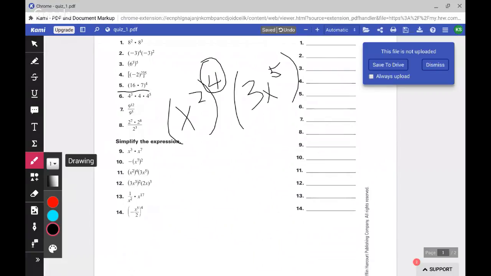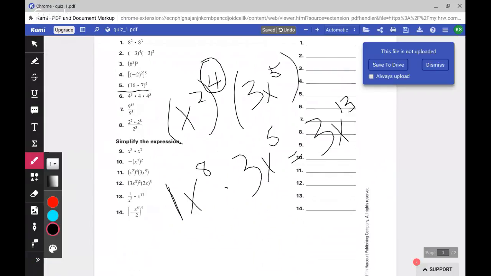So this x to the 5th only applies to the x, not the 3. So this one was x to the 8th times 3x to the 5th, which then gave us 3x to the 13th, because you've got 1 times 3, because there's an understood 1 there, times 3, and then you add your exponents, which is 8 and 5.